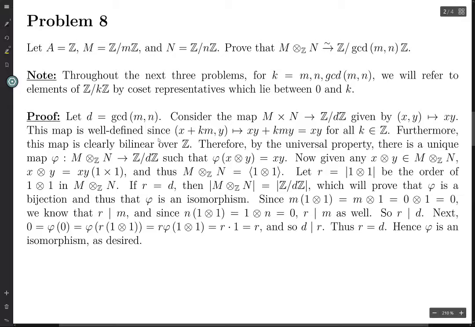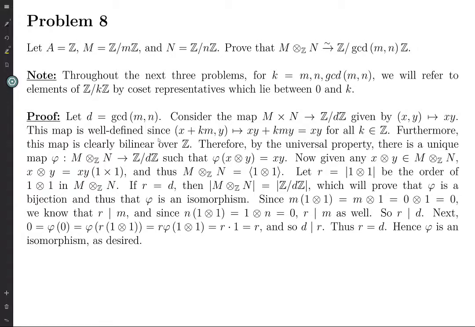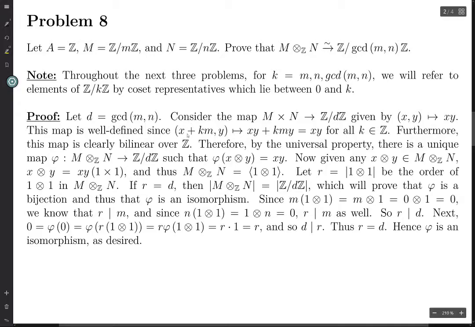The reason is that if you consider what happens to (x, y), it's going to go to xy. But what if you're considering another coset representative, i.e. you consider x plus km for some integer k?